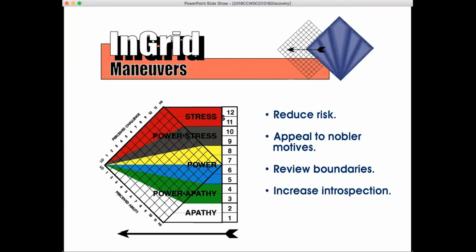Yeah, in fact, we'll talk about that with these in-grid maneuvers. So for our little situation, let's imagine we were dealing with some sort of an executive who is very full of themselves. They are out-grid, they are misbehaving, they believe the rules do not apply to them. They could be coming across in many different inappropriate ways.